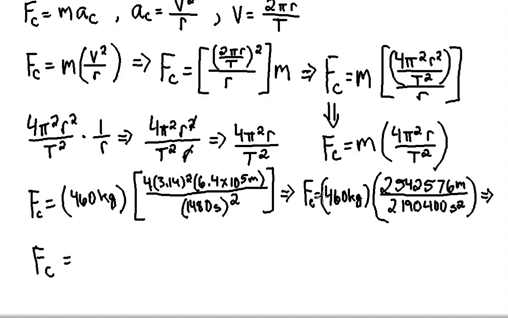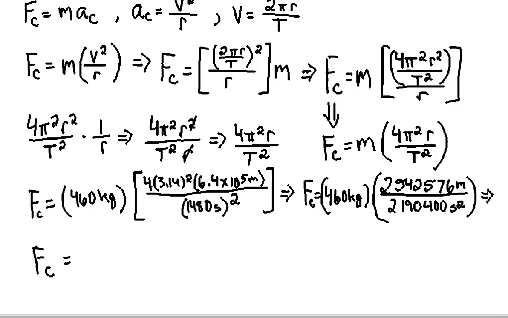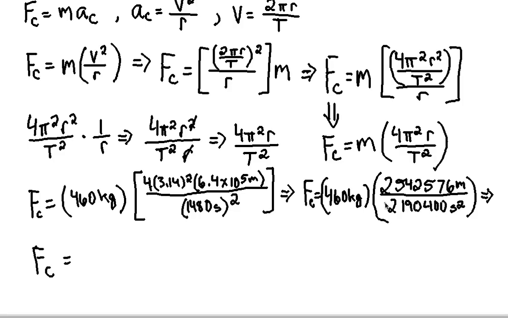So we need to multiply this whole thing through. 460 multiplied by 2,524,576, and then we divide that by 2,190,400.